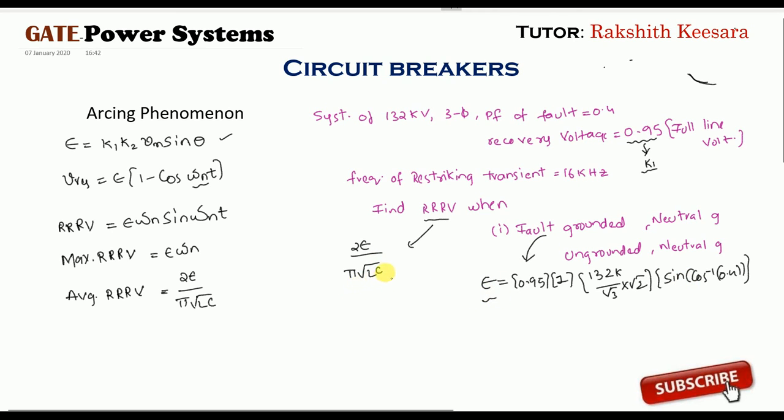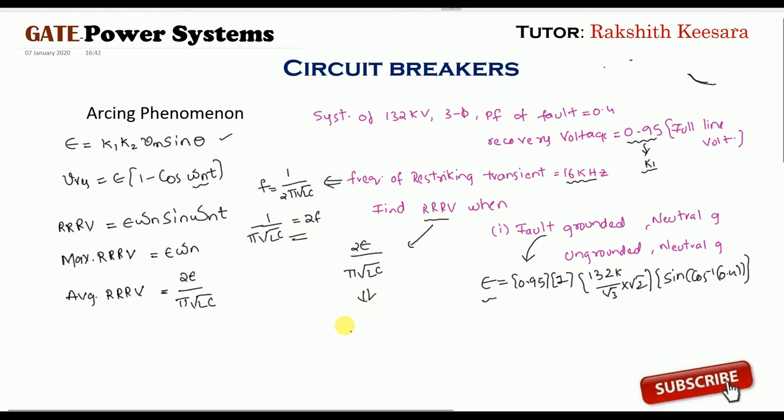Next, how to find pi root LC? It is given that frequency of restriking transient is 16 kHz. It is given in Hz. So, F equal to 1 by 2 pi root LC. From this, 1 by pi root LC is equal to 2 into F. That's it.